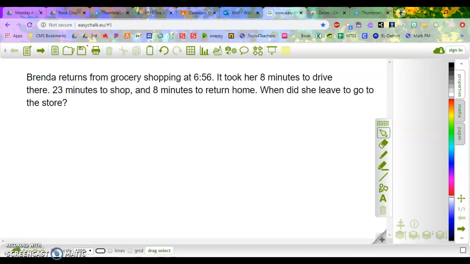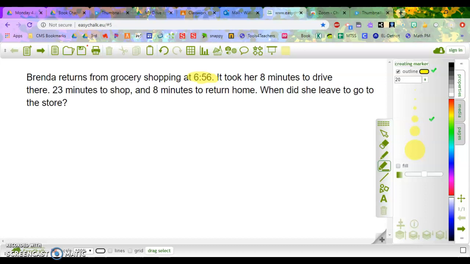As I look at this problem, there are a lot of numbers and key pieces of information, so I'm going to start highlighting some of those things. It tells me that Brenda has gone to the grocery store, and at 6:56 she returned home from grocery shopping.